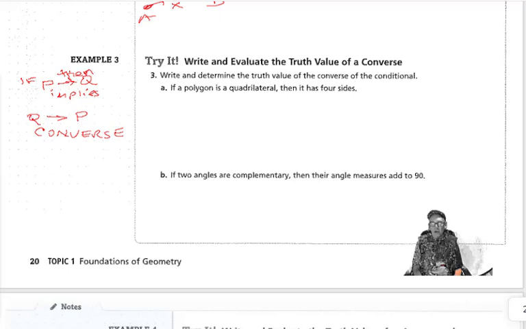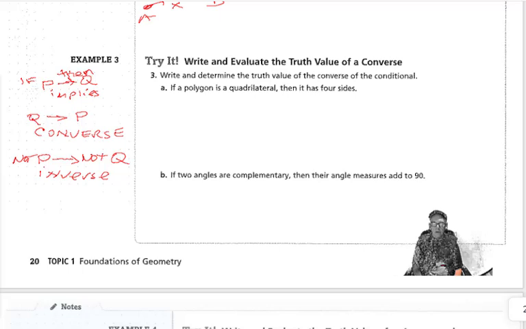If we leave P and Q where they're at, but put not in front, not P, then not Q, we call it the inverse. So it's different than the inverse in math where you flip things upside down.